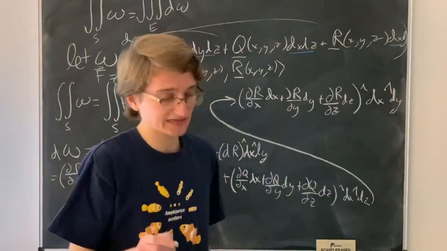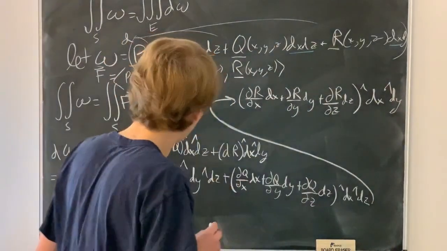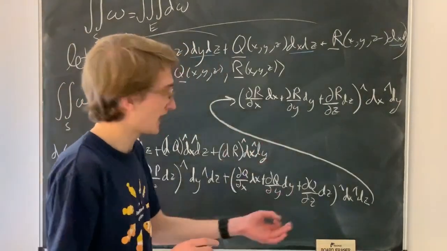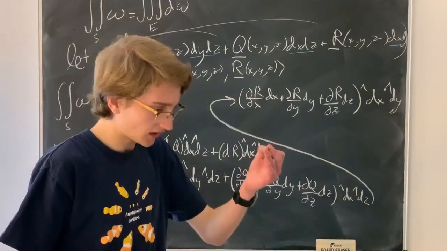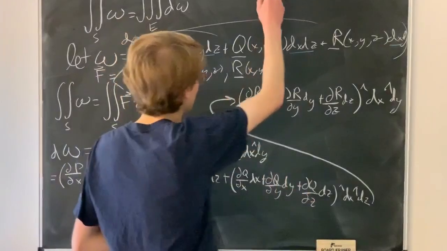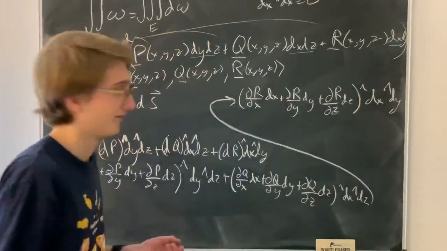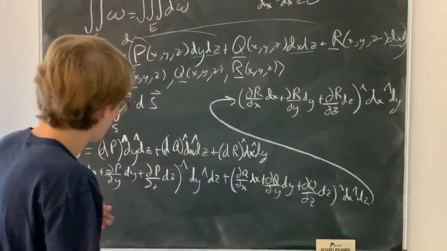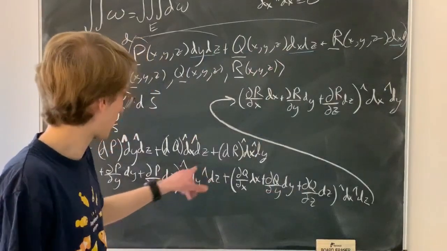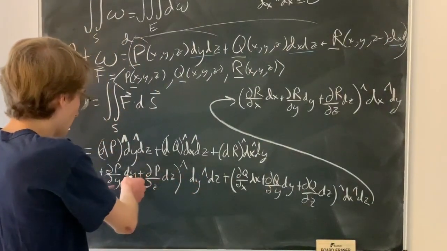Now remember when I was talking about the properties of the wedge product? That's where this will start to come in very handy. Remember how I said if you take the same differential and you wedge it against itself, you get 0. So if we had dx wedge dx, we get 0. This is going to come in very handy because, using this property and the fact that we can distribute our wedge product, we know that we have a dy wedge a dy.